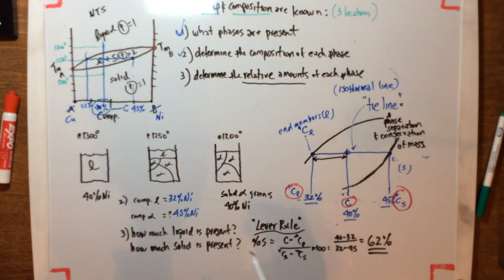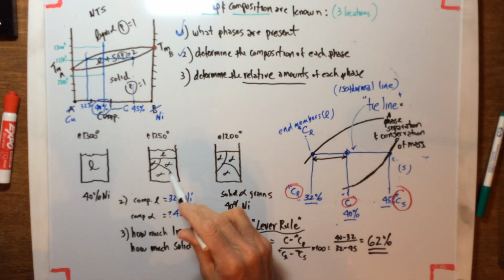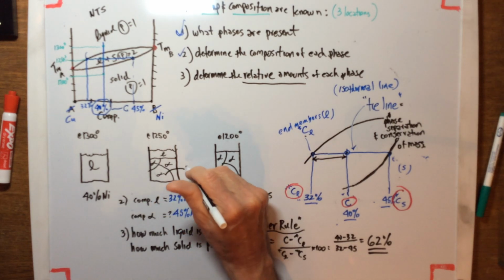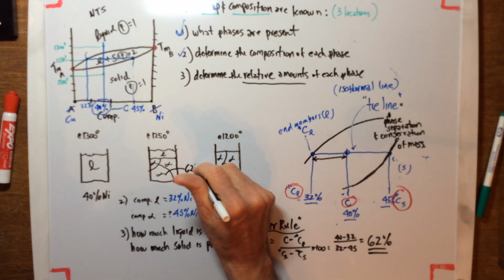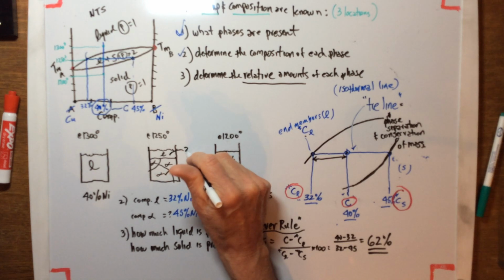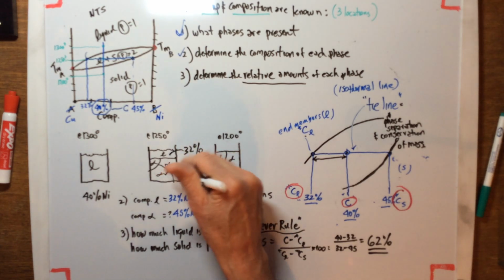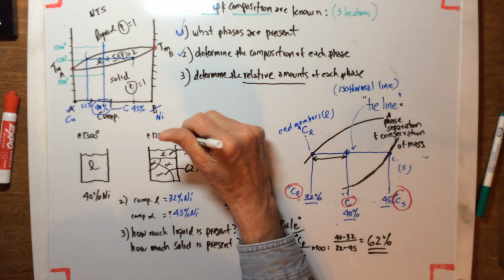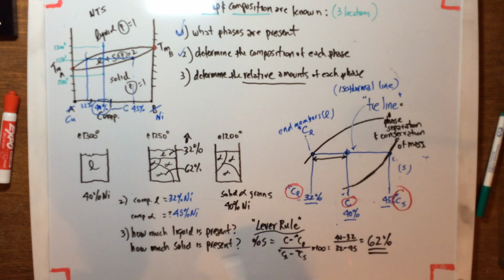We have 62% solid here. So the solid is at 62%, and the liquid is at 32%, as far as how much is actually there. Okay. But what we also know is that this liquid, the 32% liquid, is, how much do we say? 38.